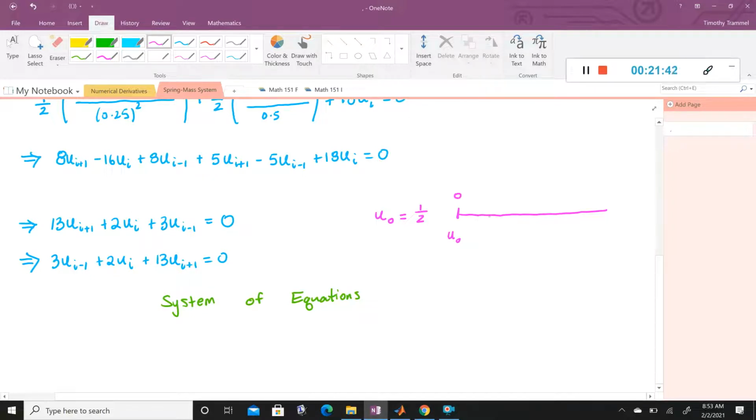That's the t value, not the displacement. And we're to count by quarters, so here's 1. And so this would be U1, U2, U3, U4. And I'm going to keep going.